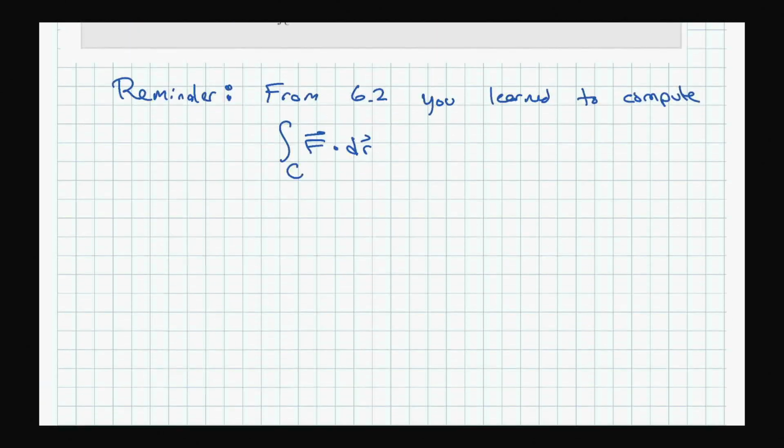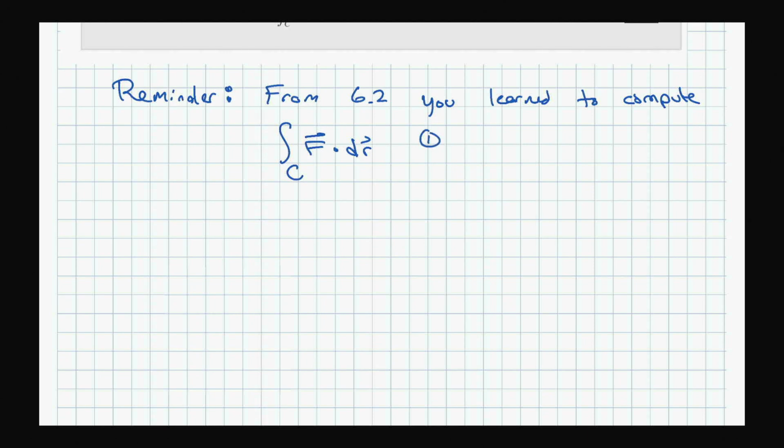And there were steps involved. The first thing you had to do is parameterize C. And then the second thing you had to do was compute that dr, which we said was r prime of t dt.